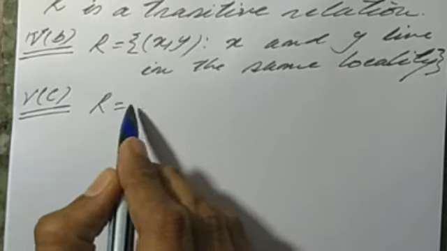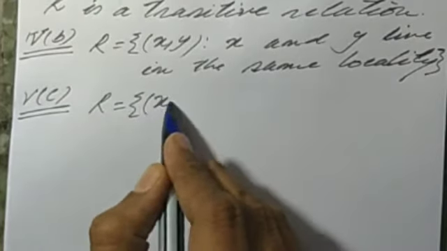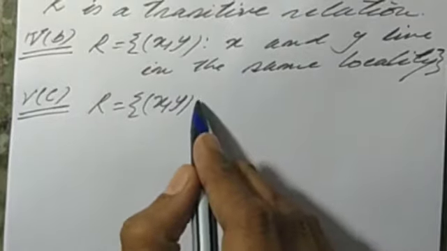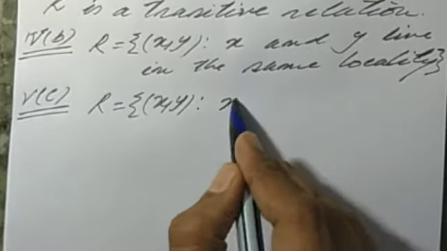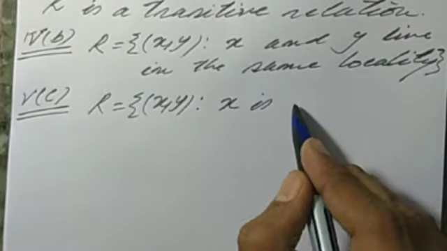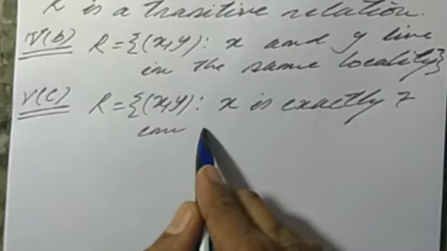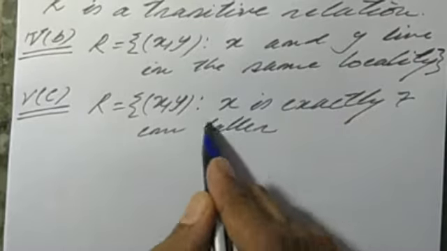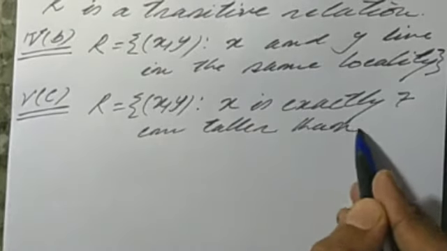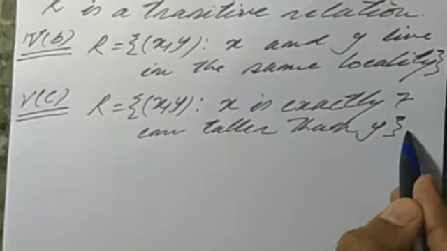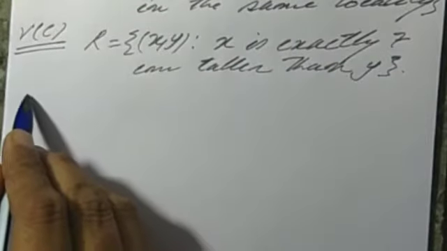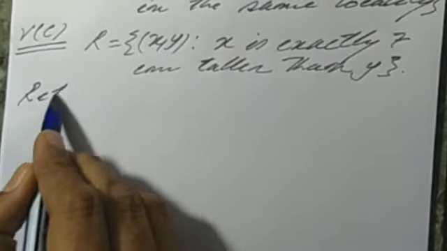R is a relation (x, y) such that x is exactly 7 centimeter taller than y. So reflexivity.